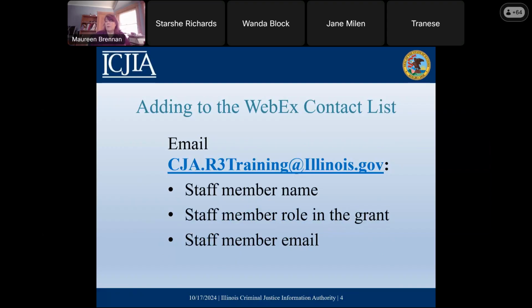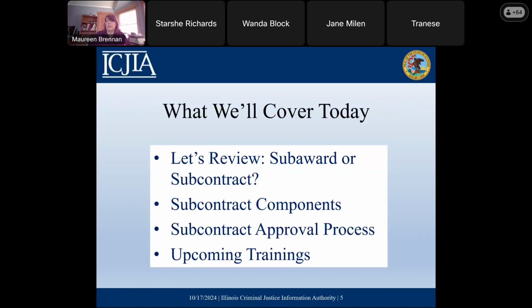But when you do have additional folks you want added to the contact list, please be sure to give me their name, their role in the grant, as well as their email address.